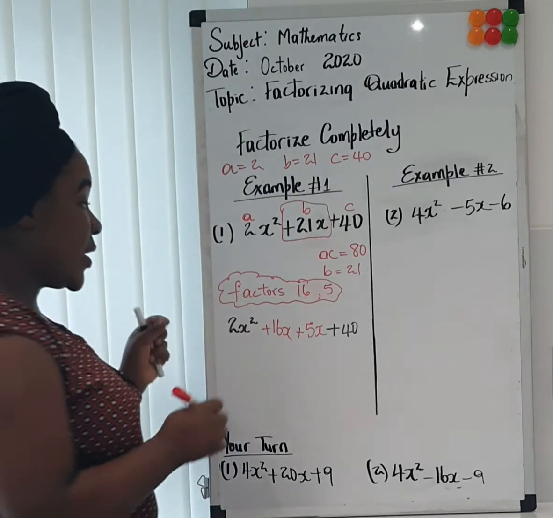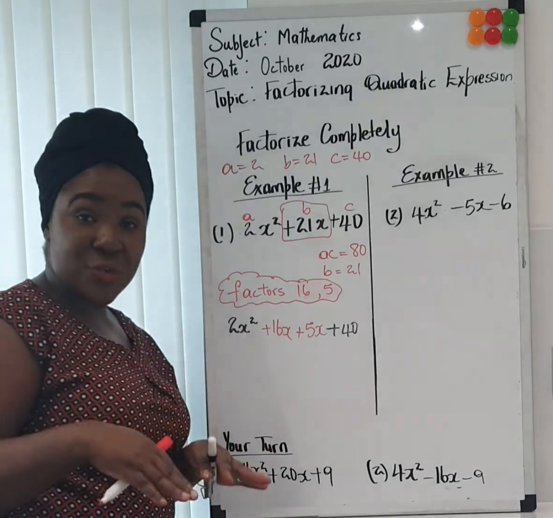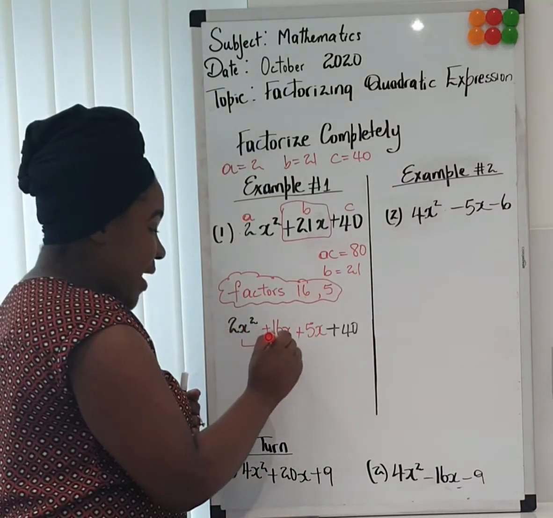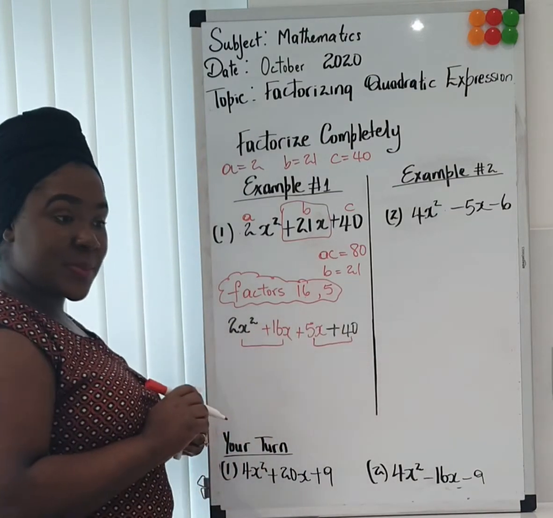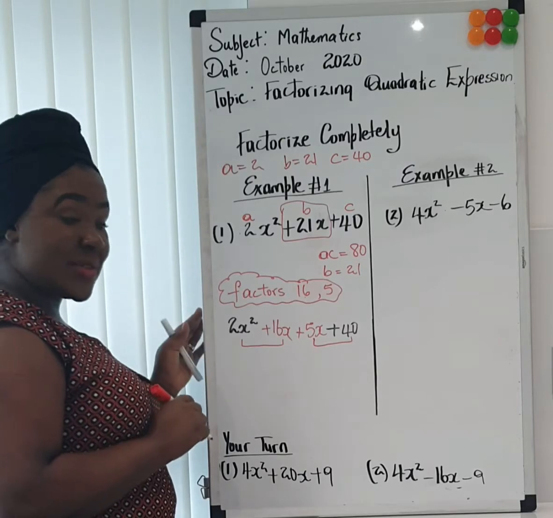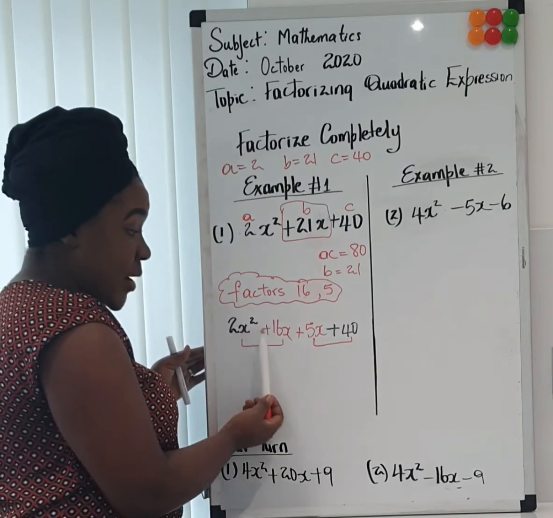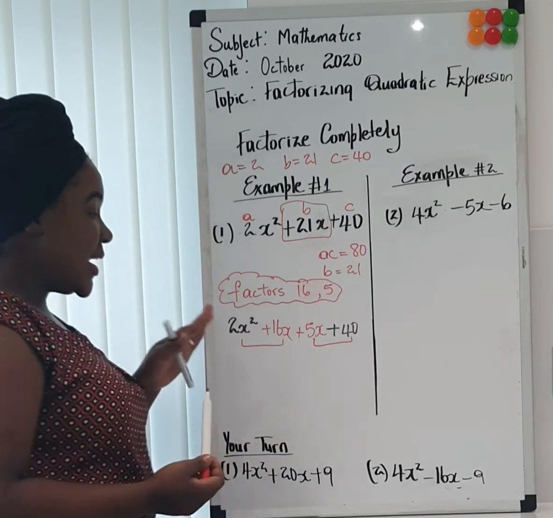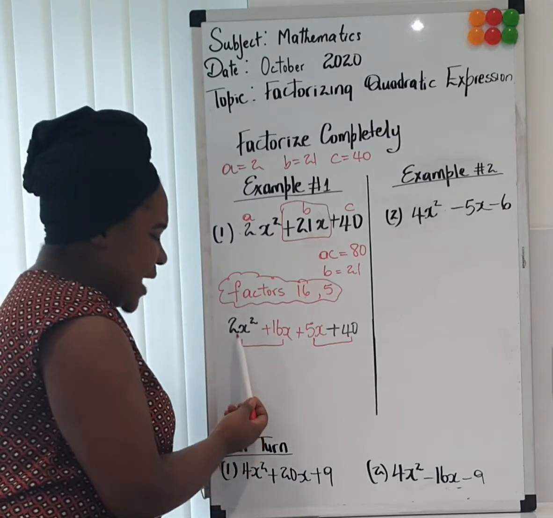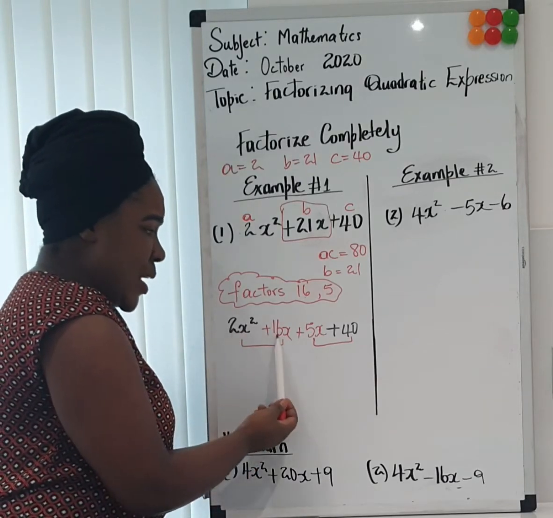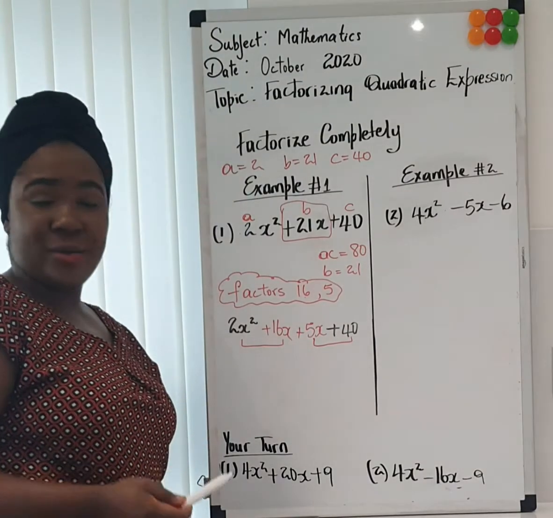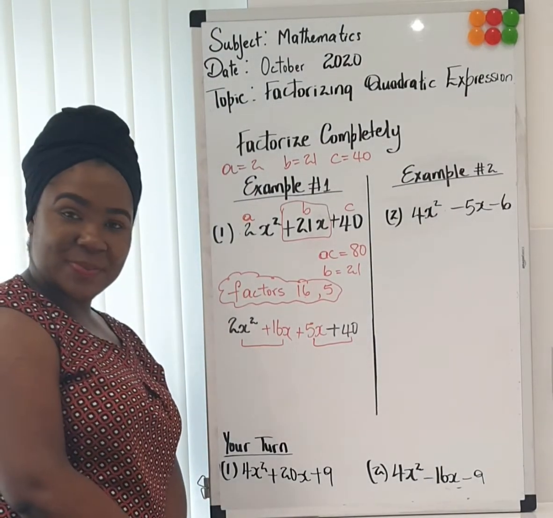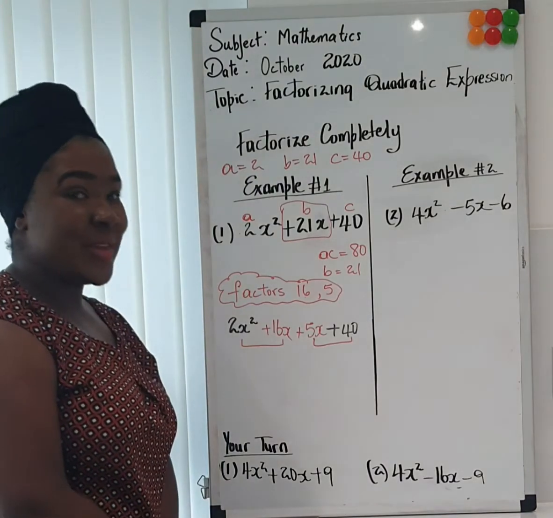So that's what we have done so far. The next thing is to factorize by grouping. We group the first two terms and the next two, and we go ahead and factorize. Looking at 2x squared plus 16x, what's the highest number that divides into 2 and 16 without leaving a remainder? That's 2.